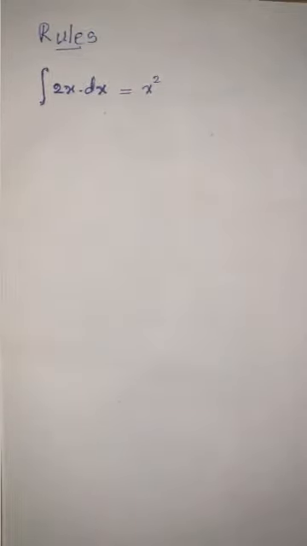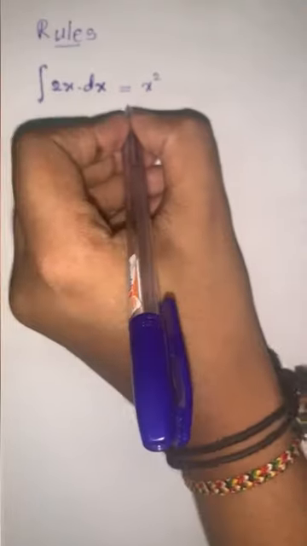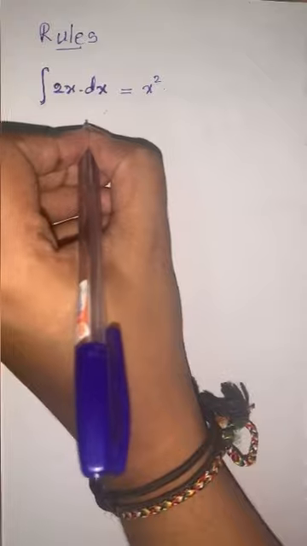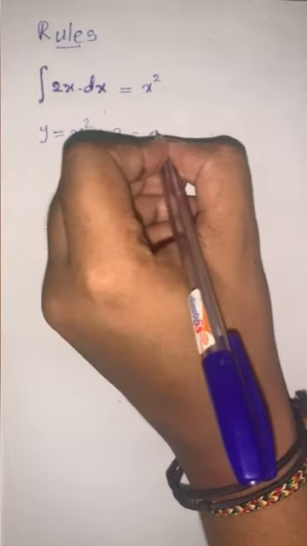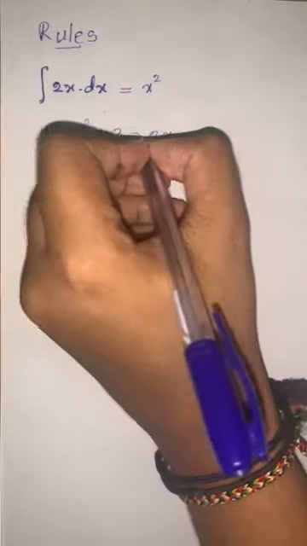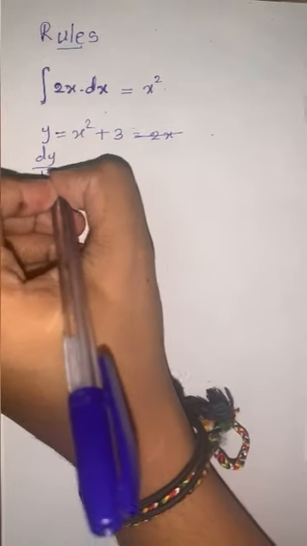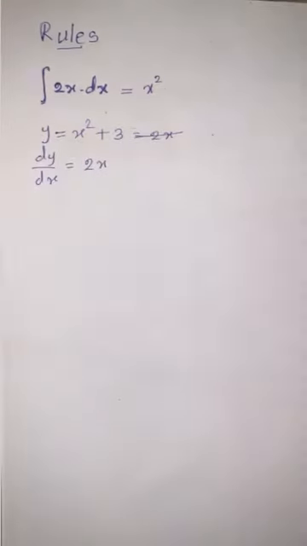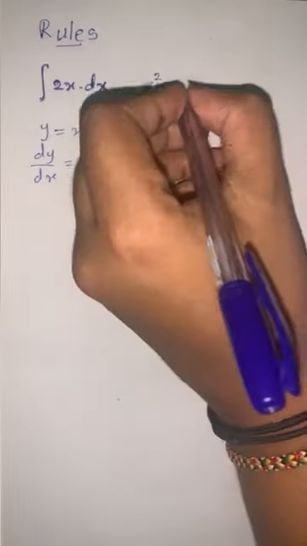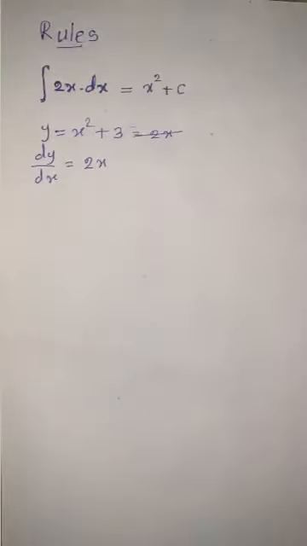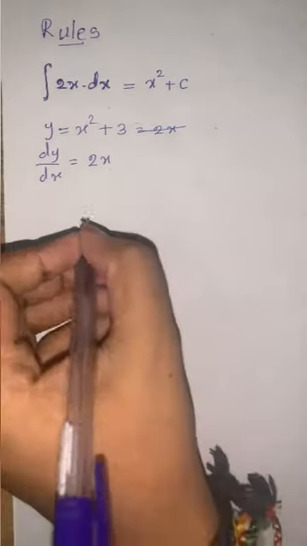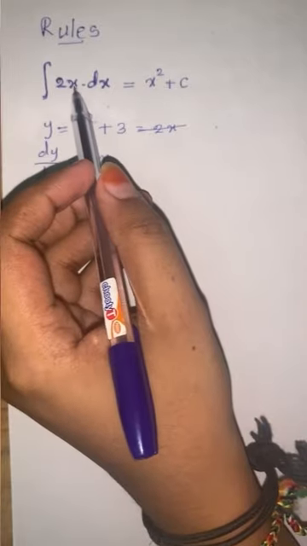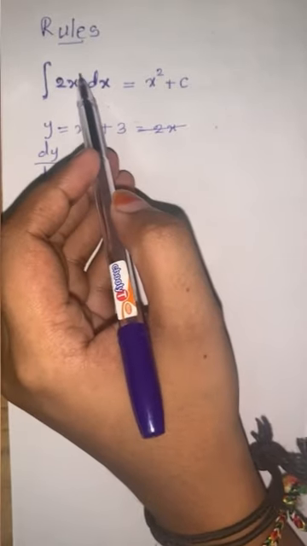Also, if we differentiate x squared plus 3, we also get 2x. So when we do the integration, we put a constant here because we don't know whether there is a constant or not. With that, what we have done here is adding 1 to the power.